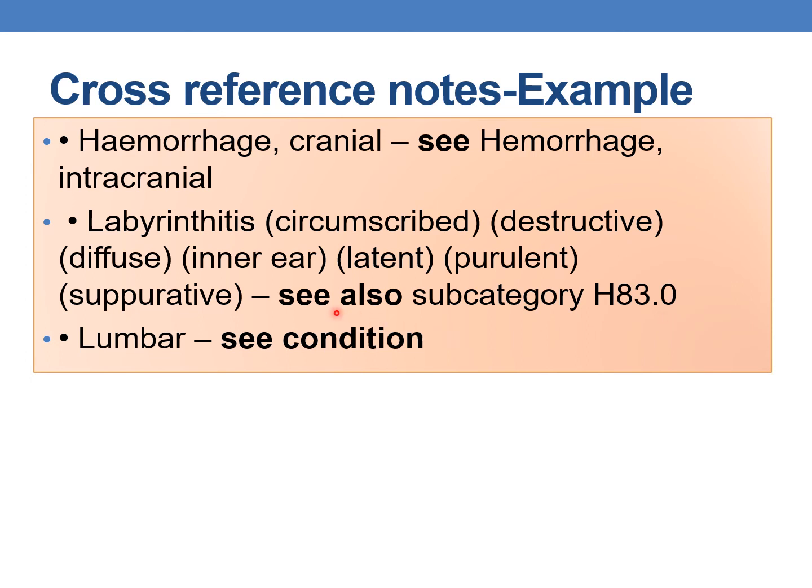Here "see also" is just for further reference, but here a code is given. Whenever "see" is given, a correct code is not there and you must refer this term for the correct code. Similarly, if you see lumbar, it indicates "see condition." That means you have to search for the condition, that is whether it is DJD or stenosis, such that.